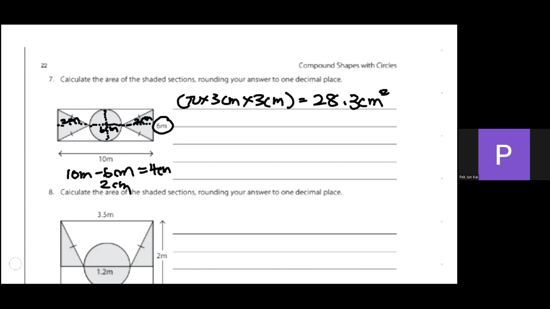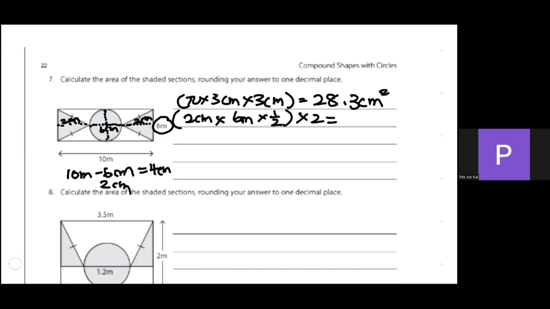So 2 cm times the base or the length of the triangle, which is 6 cm, times 1/2, and then times 2.